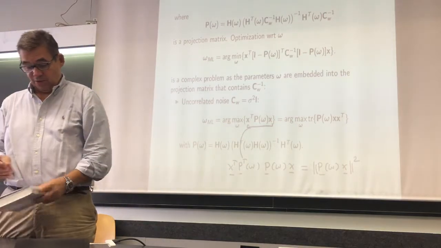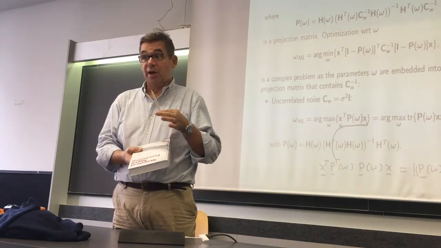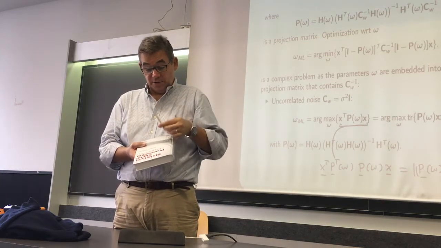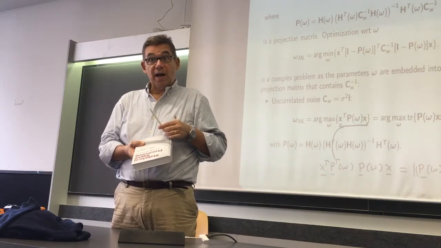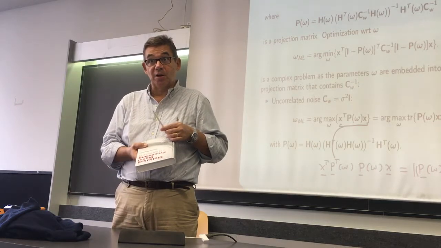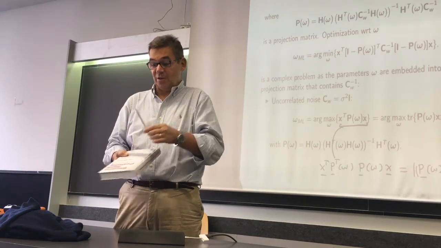Now, what does it mean? Look at me. I have a vector. Okay, this is the data. So the data x is fixed. Now I have the subspace, which is the span given by the columns of the matrix H. To make it easy, let's draw our subspace only in 3 dimensions.